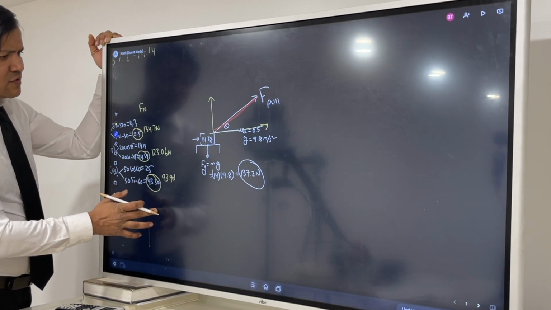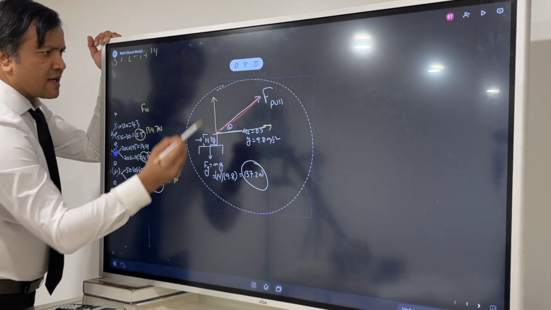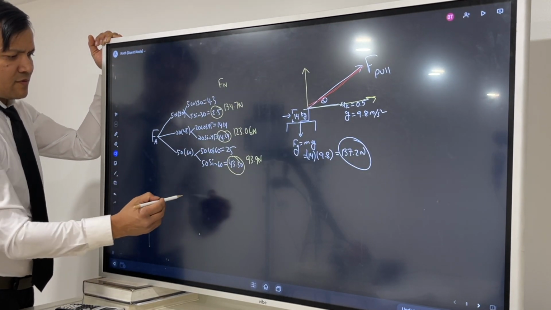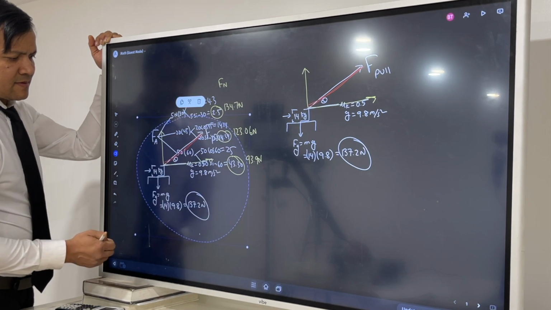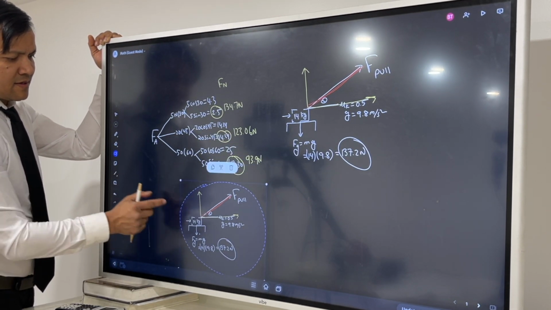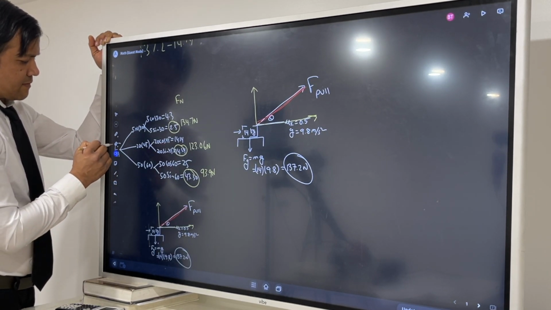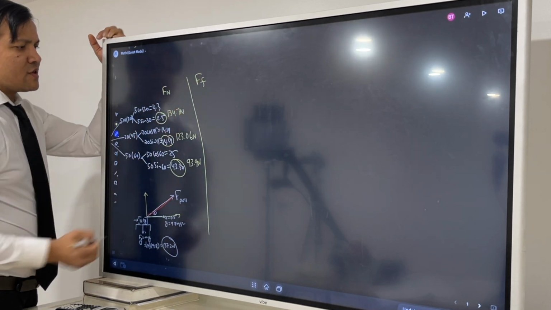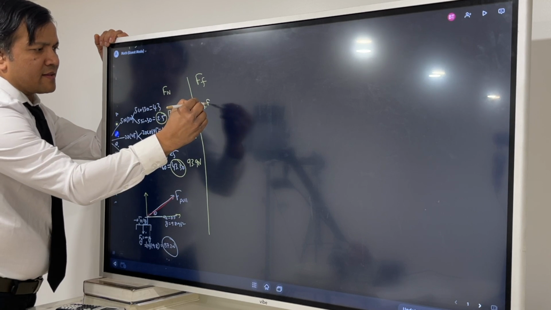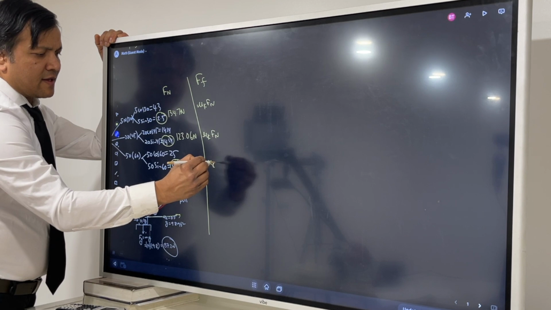So what would be the force of friction? I'm going to take this off and move it to a different direction, so I'm going to move it over here. Okay, good. Now I can erase this guy. Force of friction would be mu k Fn.